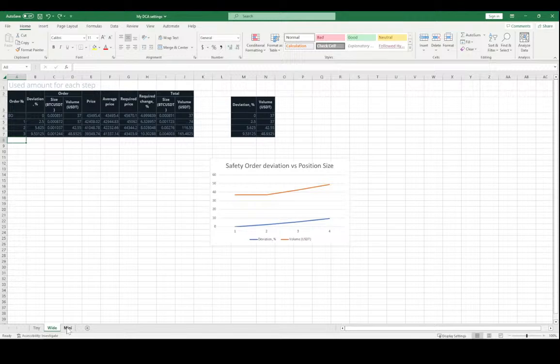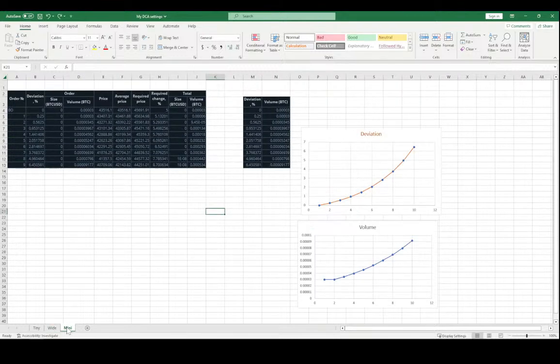And the third one, which is densely packed, that I called mini, is similar to wide, but it's a bit more aggressive in how it's picking up the size and also how it's deviating. It's set closer to the base order.